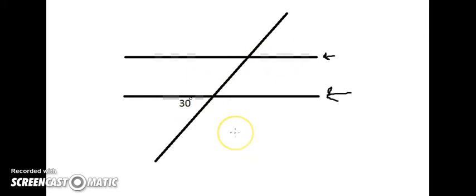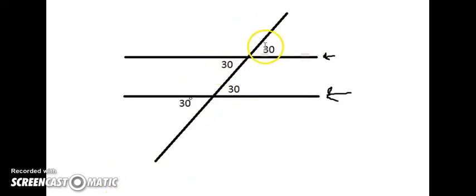Because these are parallel and this line intersects, that means this angle is 30, this angle is 30, and this angle is 30. That's always going to be true. As long as these are parallel and that line intersects, all those will be the same.